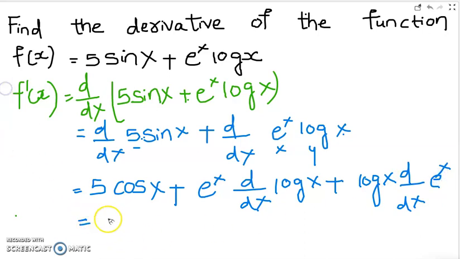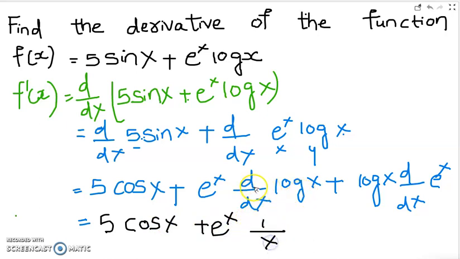That is 5 cos x plus e^x times d by dx of log x, which is 1 by x, plus log x times the derivative of e^x, which is the same, e^x.